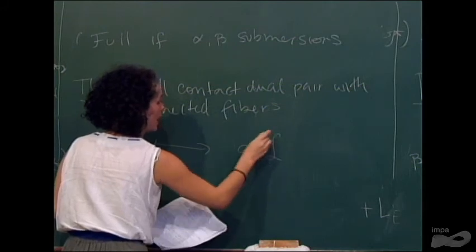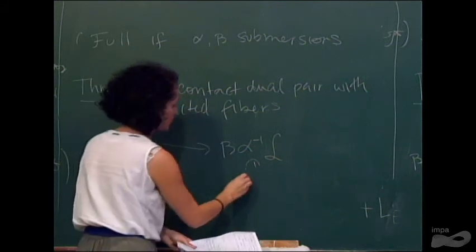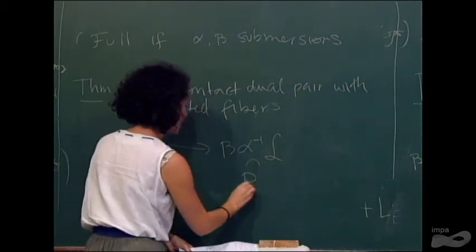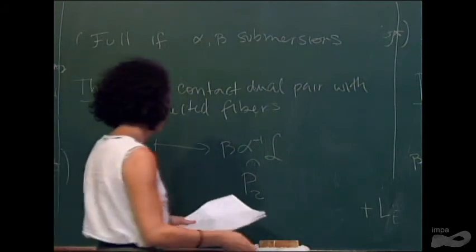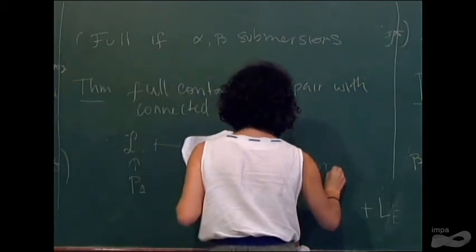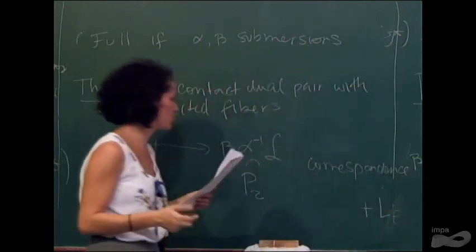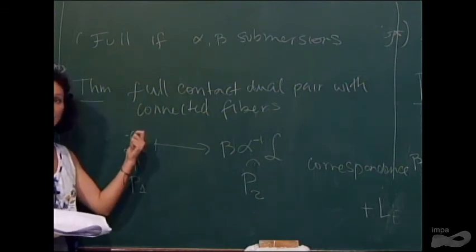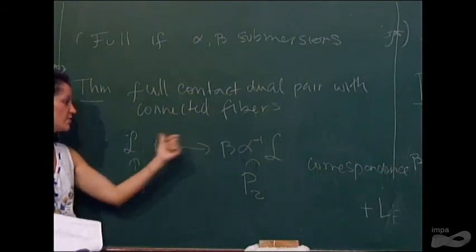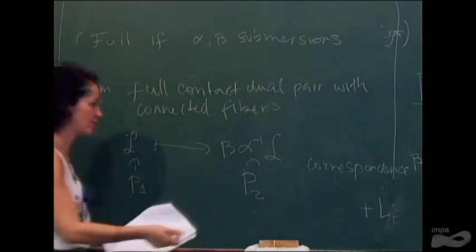This lives in M, and then you push it with beta. This will be a leaf of P2. And they have the same type of geometry. So they are either contact or locally conformally symplectic. And this is a correspondence. And actually, you have more. Let's say if this is contact, you can relate the contact forms of this one and this one on M. There is a formula. Also for locally conformally symplectic.